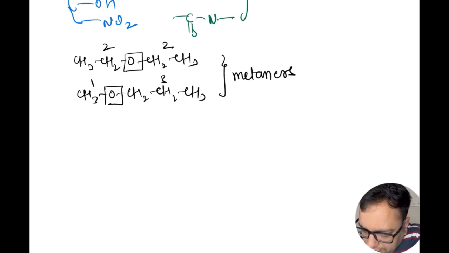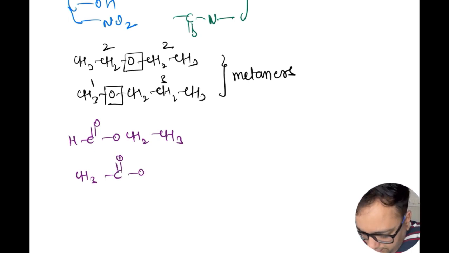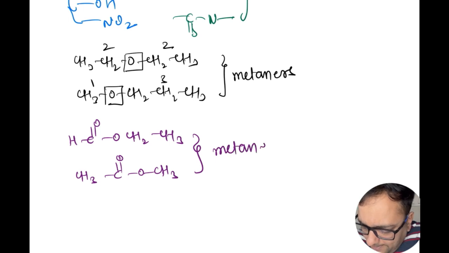Let's look at more examples of metamers. We are going to see a lot of them, like HC double bond O and OCH2CH3. This is our ester, and similarly in ester, if you bring a carbon before, that is also a metamer.